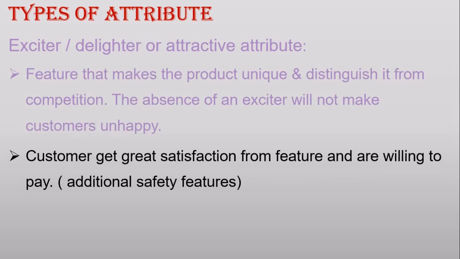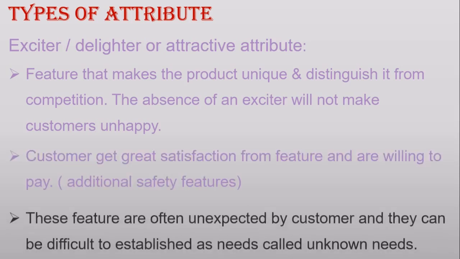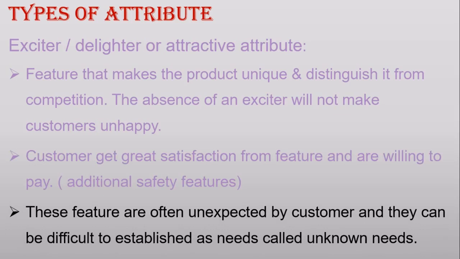These are the exciter categories. Customers may pay additional for these attributes. These features are often unexpected by customers and can be difficult to establish as needs, so they are called unknown needs.